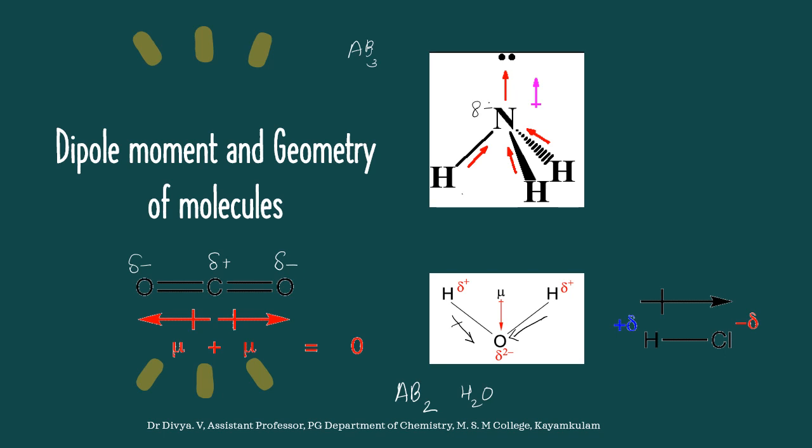Here also hydrogen gets a partial positive charge. Here also hydrogen has a partial positive. This one partial positive, and nitrogen is partial negative in nature. So the net dipole moment is the vectorial sum of all the three dipole moments, and the net dipole moment of this particular molecule acts in this direction.